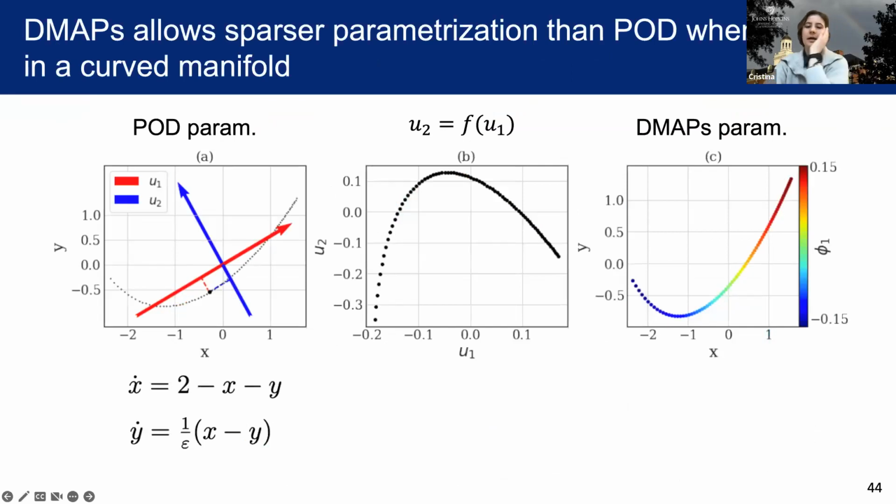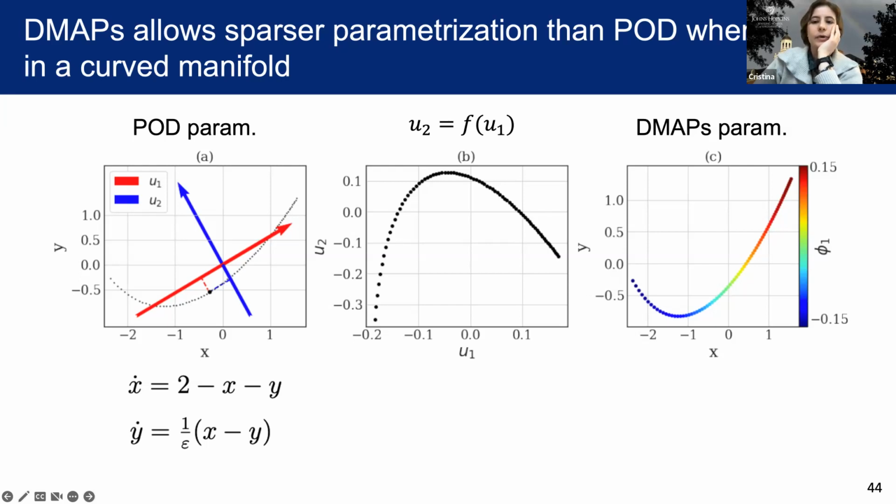To more clearly illustrate the advantage of diffusion maps, this figure is taken from a paper by Koronaki et al. in 2023. The first advantage, as shown for this dynamical system, is that in the first figure, the direction of the first POD basis vector, U1, that parameterizes the data, does not fully expand the nonlinearity.